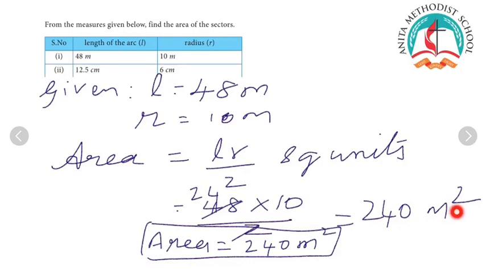Children, remember units. When it is area, you should write square units, square meter or meter square. So in this problem, by cancelling, we get area is equal to 240 meters square.